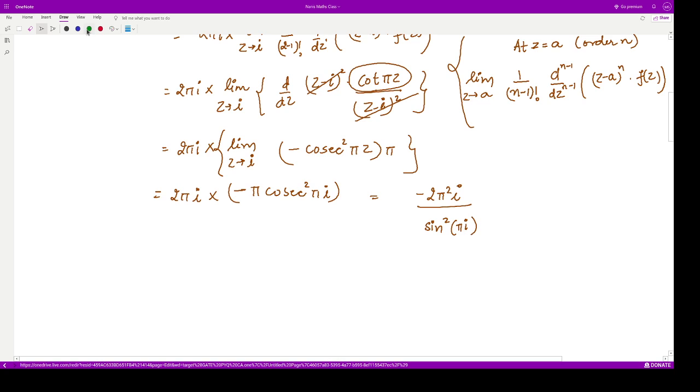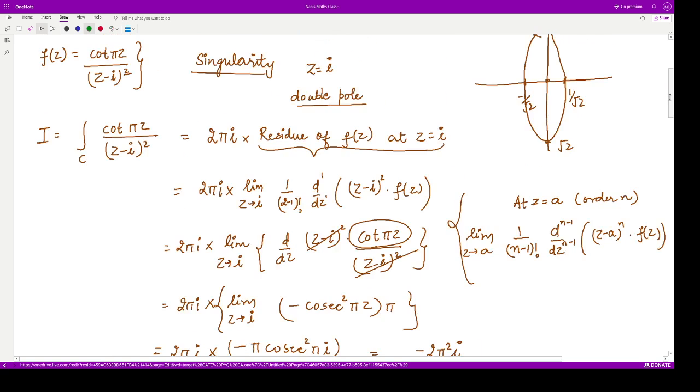Now we can use this result. We very well know that sin(iz) is equivalent to i sinh(z). So this is a relation between the circular and the hyperbolic functions. So we can substitute the hyperbolic function instead of sin(iz).